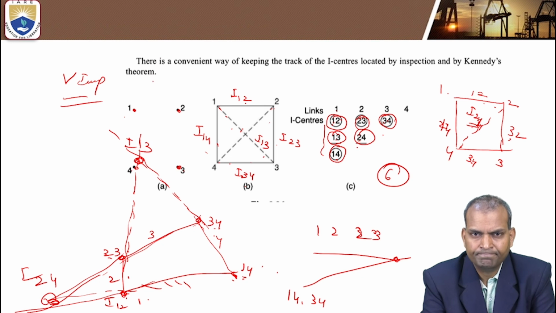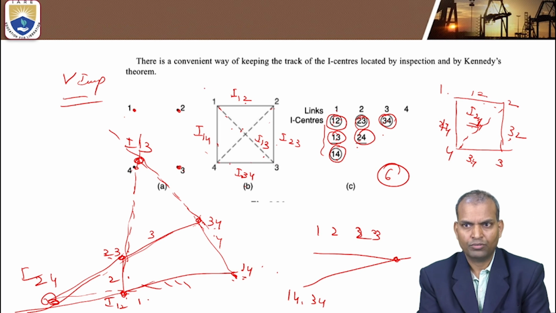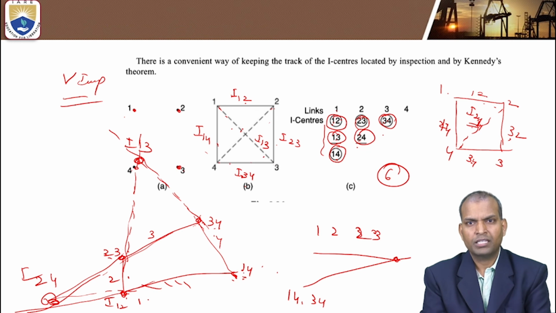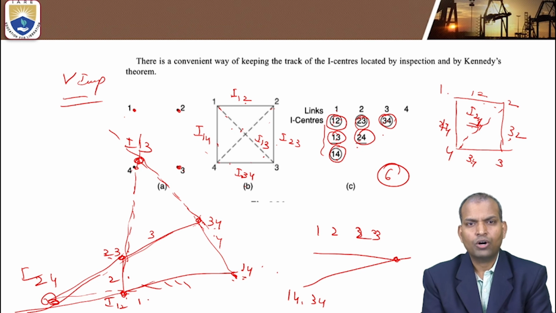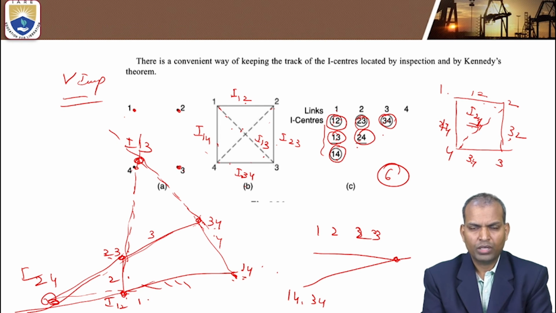So by using this diagram we can find them. Permanent centers and fixed centers can be found, and also neither fixed nor permanent centers can be located on any type of mechanism.